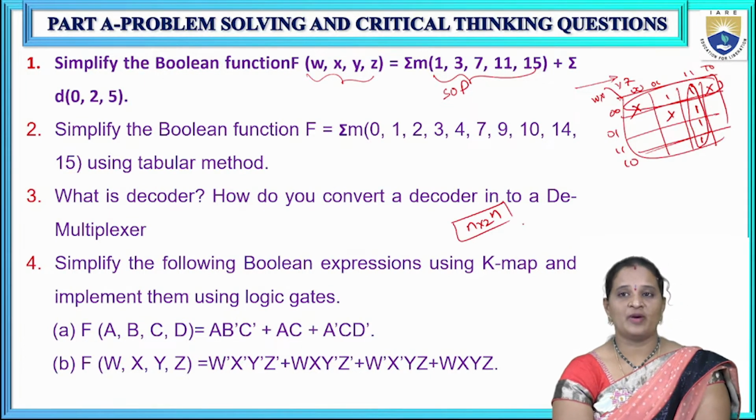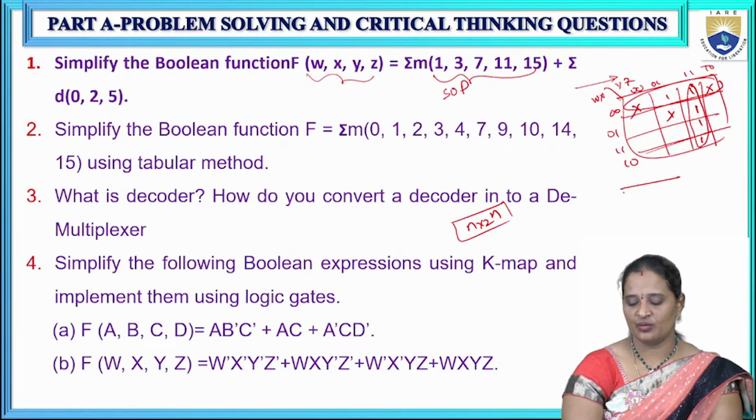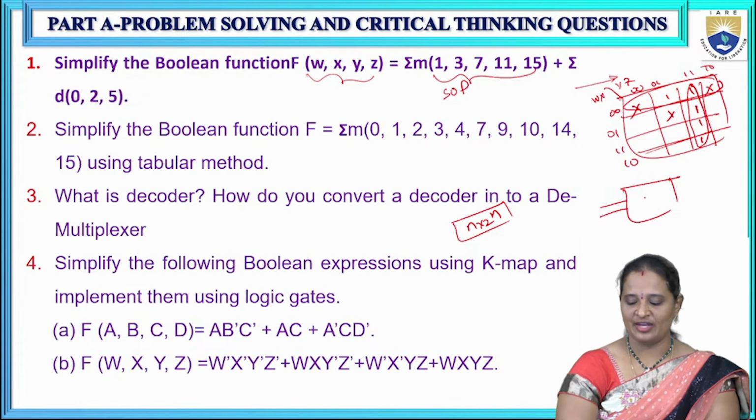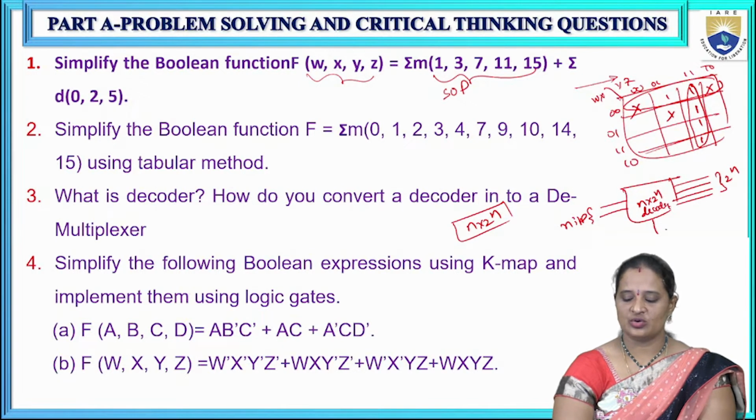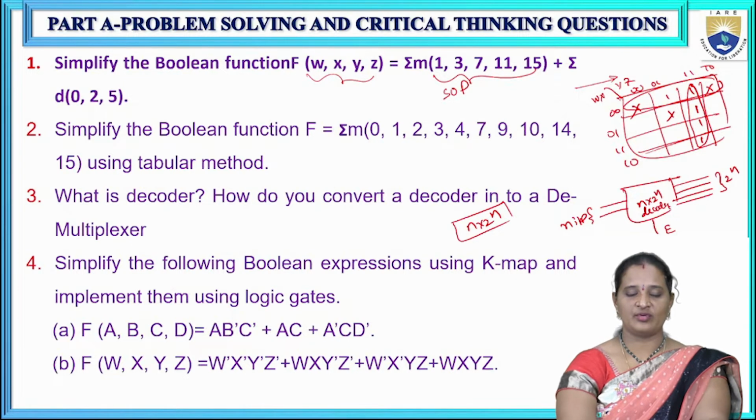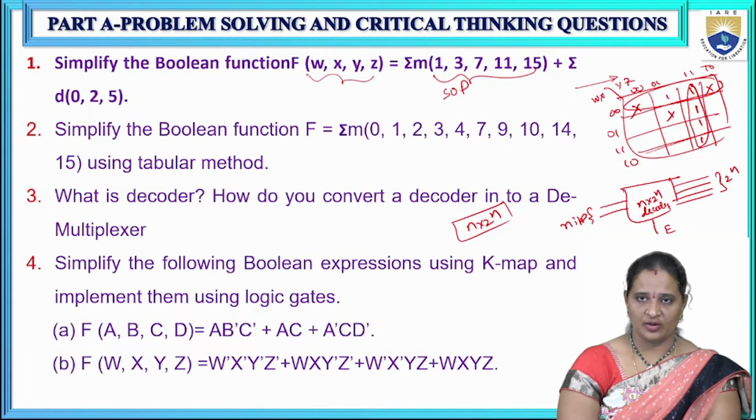Here we have a block diagram for this one. We have n inputs and 2 power n outputs. These are the 2 power n outputs, these are the n inputs. This is an n by 2 power n decoder. It also has an enable input.